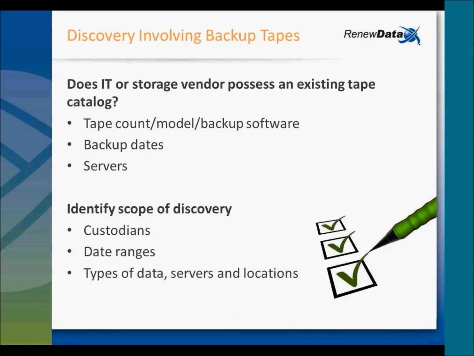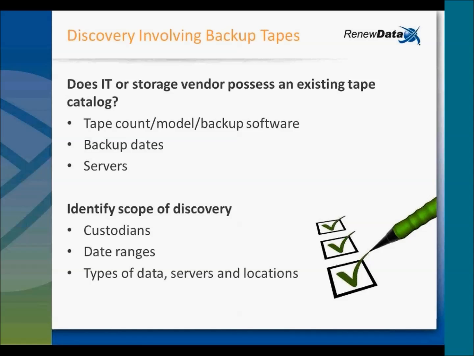And then obviously identify the scope of discovery. This one is fairly standard whether you're talking about backup tape or not. In the forensics collection world, common practice is not to go out into the field and collect all of the data on an Exchange server for all users, because you haven't done the legwork to understand what type of data is responsive to this case, what type of data is potentially responsive, and what the scope of the matter is.